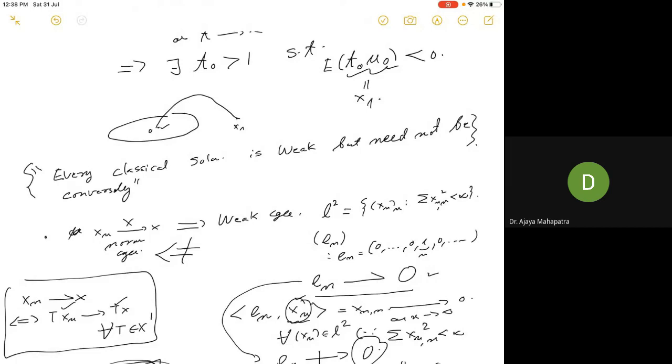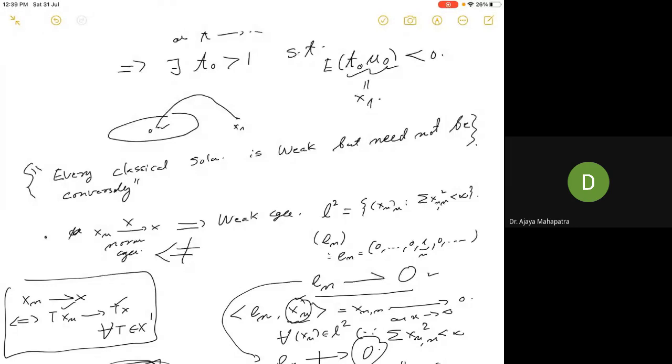But let me also add to your comment, which is very important at this juncture: if you find a weak solution, as analysts, what we try to do is see what is the best regularity or smoothness a weak solution can achieve. Firstly we try to show whether the function is bounded or in L infinity, then we raise our bar.